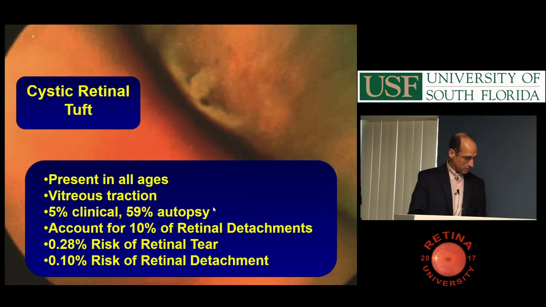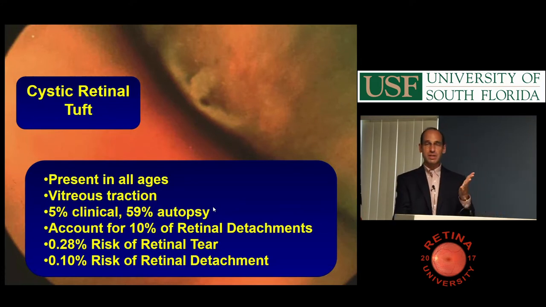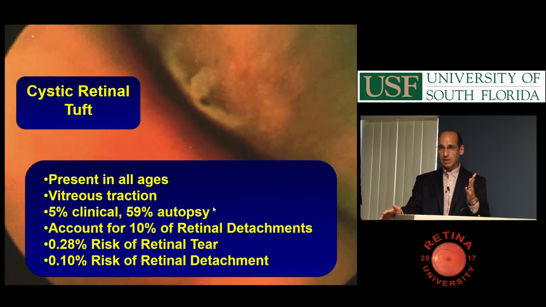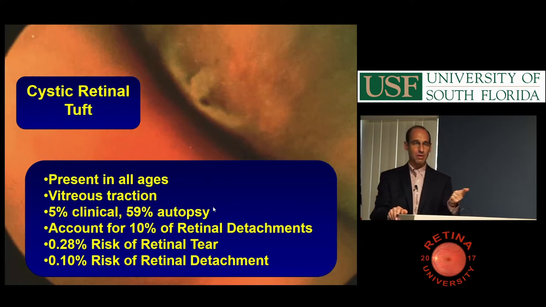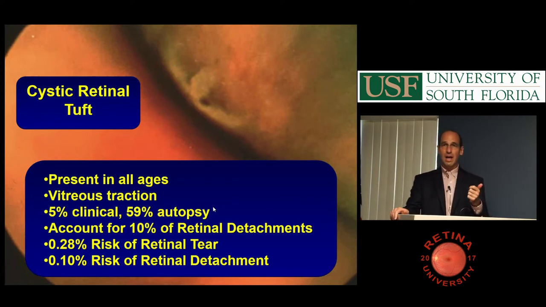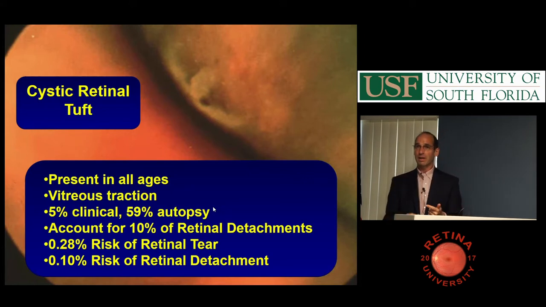And then this is where it gets weird. So 50% of retinal detachments have predisposing lesions. And 10% of retinal detachments are associated with cystic retinal tufts. So what happened up until Norm Bayer did a lot of his work, a lot of people would take these predisposing lesions and say, oh my gosh, 10% of retinal detachments, we need to laser all these to prevent retinal detachments.